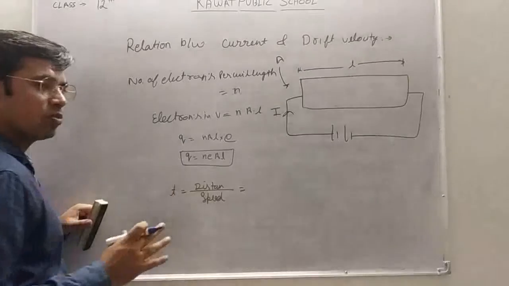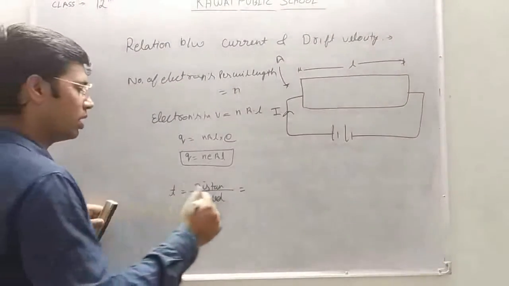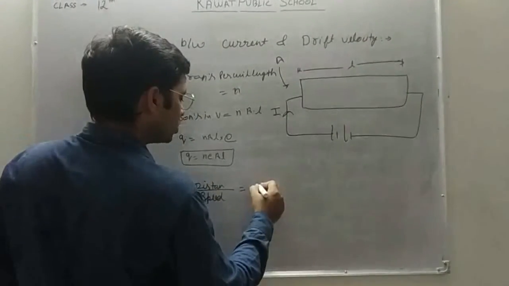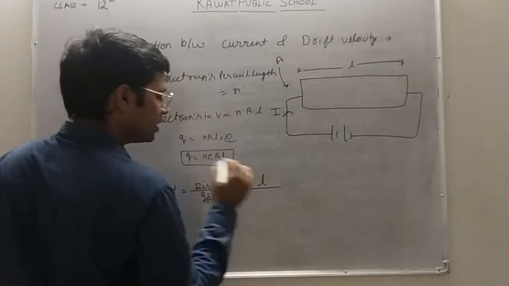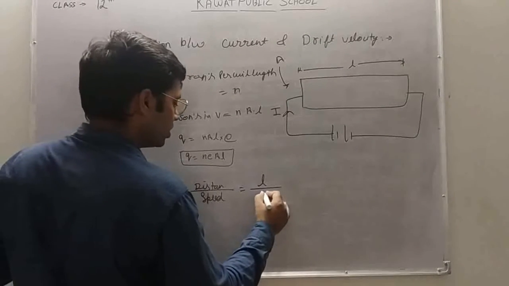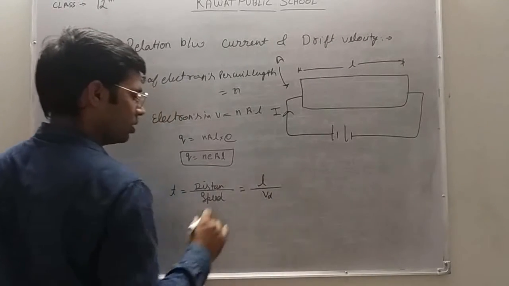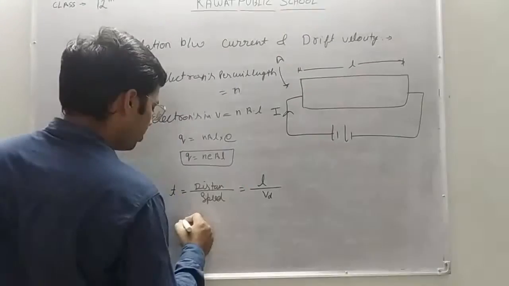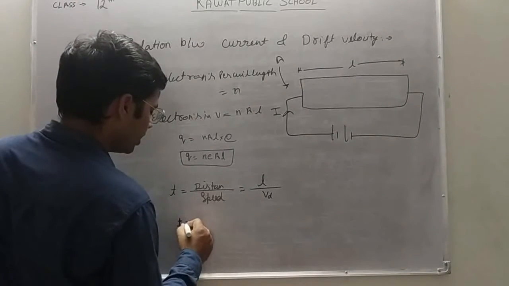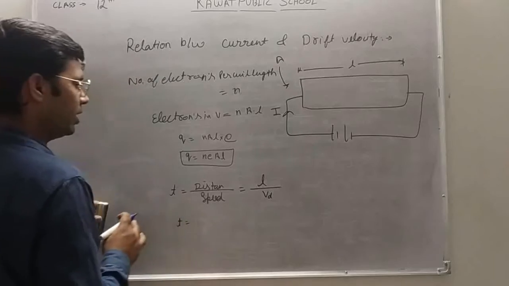These electrons are moving with drift velocity, the average velocity, and they are covering a distance L, and the speed here is vd. So what is the formula for time here? t equals L upon vd.